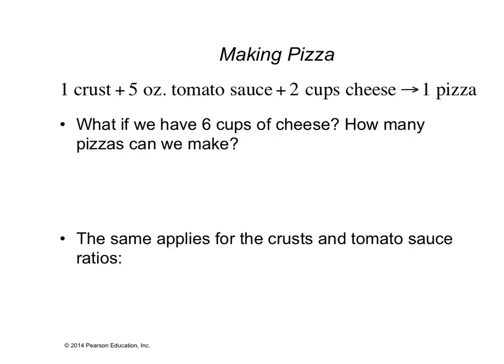So again, if we have 6 cups of cheese, and we're going to write this as some sort of dimensional analysis type problem, if our 6 cups of cheese were on top, and I wanted to convert to numbers of pizzas, what would I put in the denominator here? My relationship, right? For every 2 cups of cheese, I get 1 pizza. When I multiply, these guys cancel, and I end up with 3 pizzas.